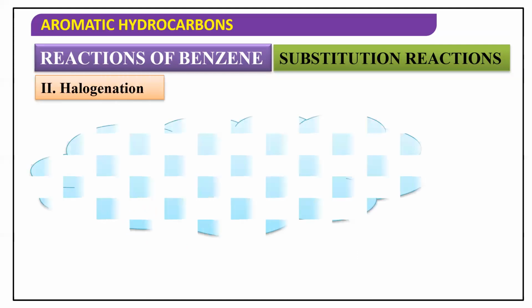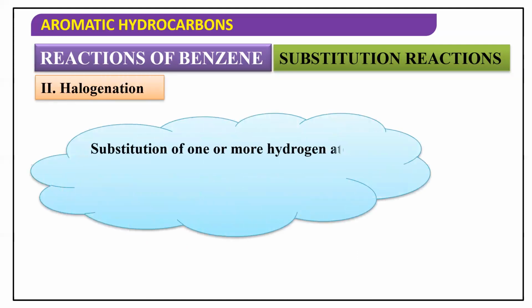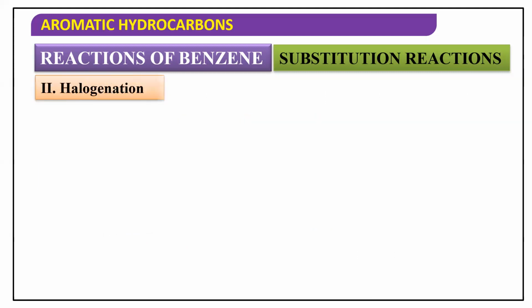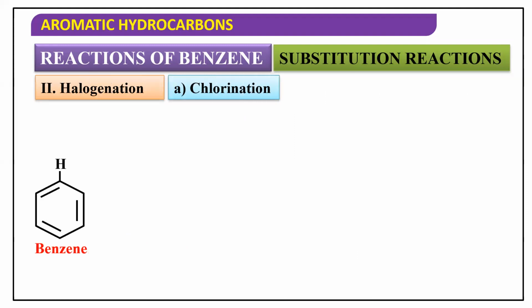Let's look at the second one, halogenation. So nitration is nothing but substitution of hydrogen with an NO2 group. What is halogenation? Pretty straightforward. Substitution of hydrogen with a halogen atom, either chlorine or bromine, is called halogenation. So what is used for halogenation?